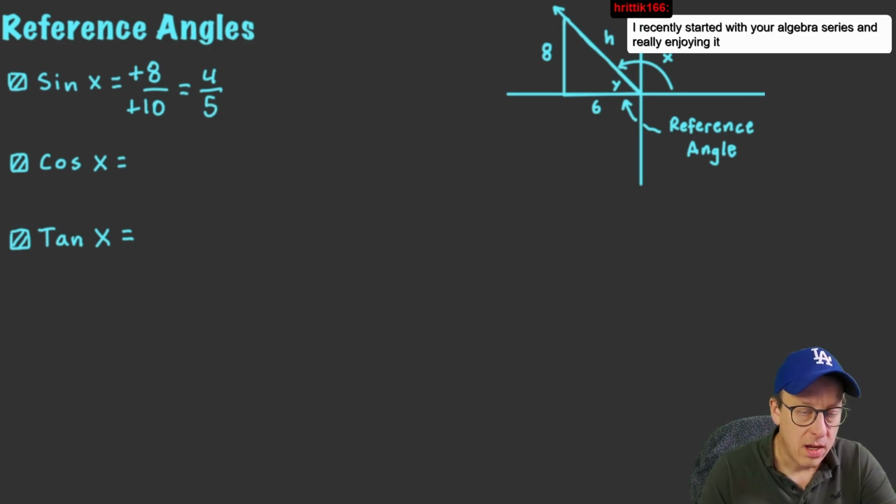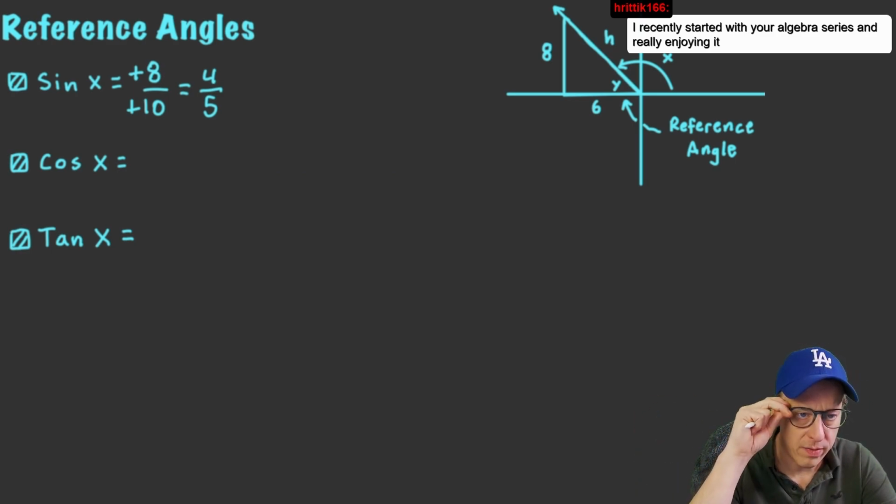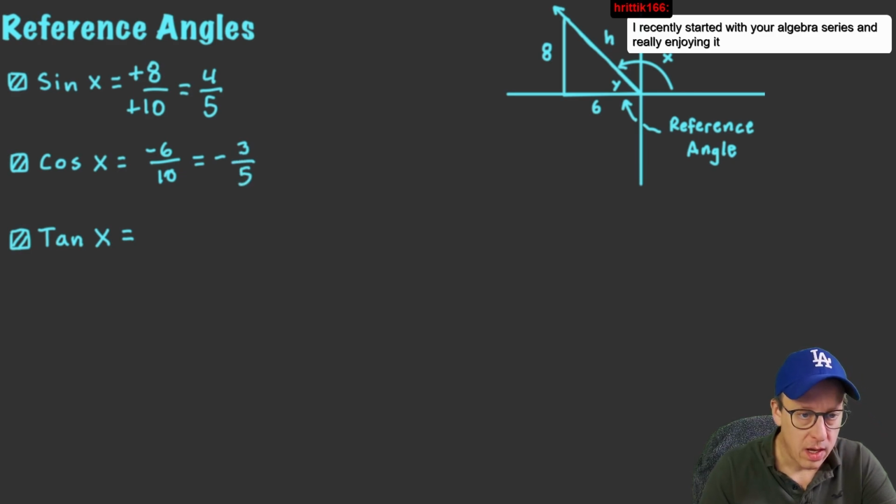And the arc sine of this, you just flip. So you just get the reciprocal of that, and that will give you that value. The cosine is going to end up being equal to negative 6 over 10, or negative 3 over 5. And the tangent is going to, or SOHCAHTOA.